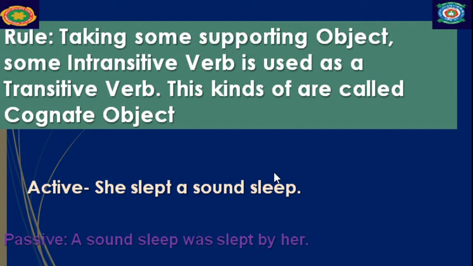She slept a sound sleep. A sound sleep is the object. It will turn into subject in passive voice. As it is past indefinite, a sound sleep was slept by her.